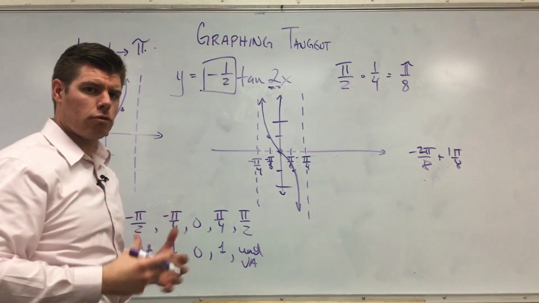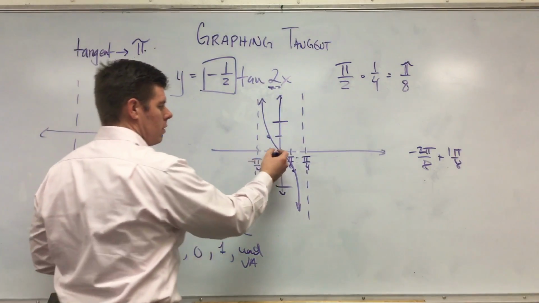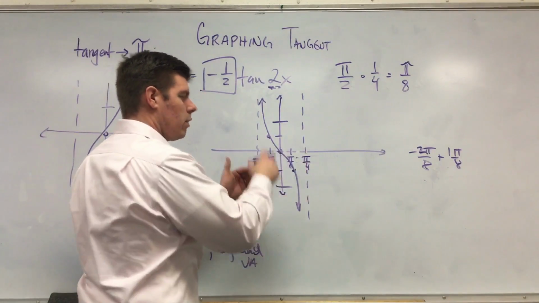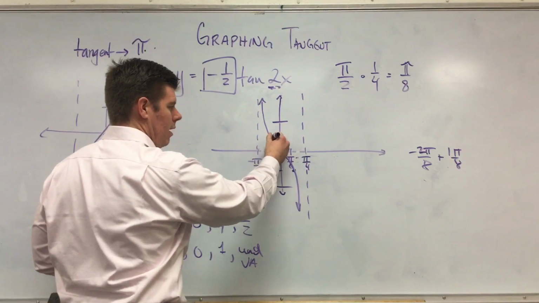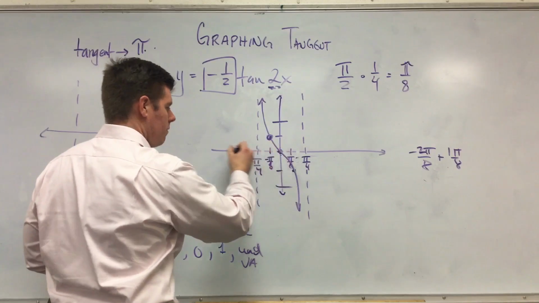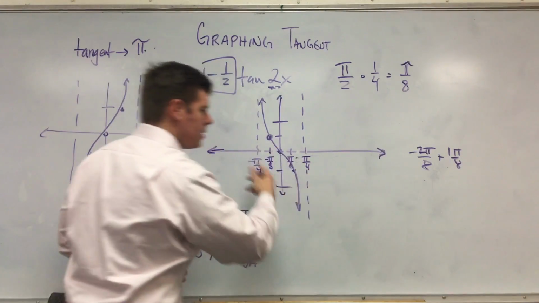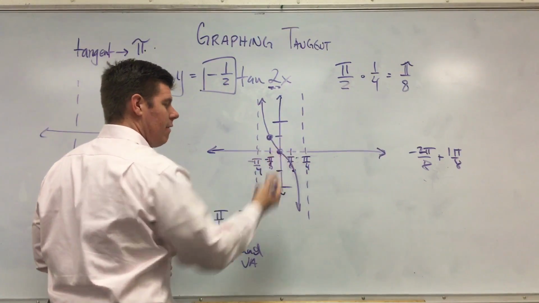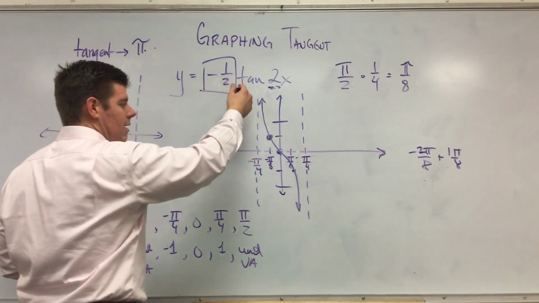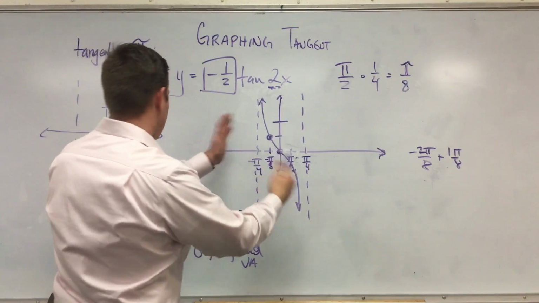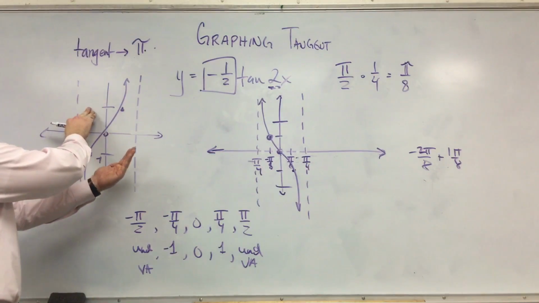So if you had a vertical shift of some sort, this point is the displacement from wherever your new horizontal axis is. So I just go up a half, go up a half. The negative just flips it back.